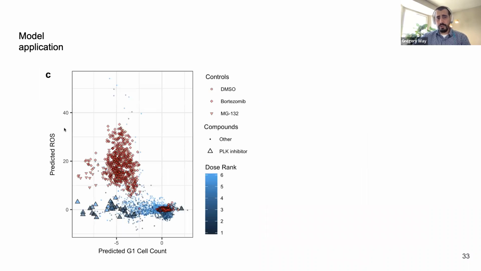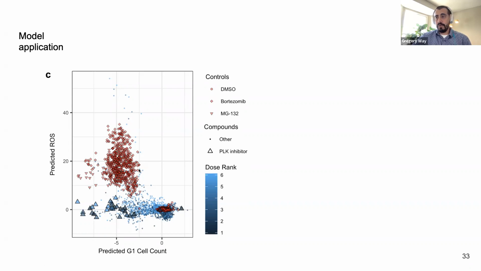And so this is just 2 examples of 2 moderately performing models, the predicted number of reactive oxygen species and the predicted G1 cell count. If you apply these models that we learned using the CRISPR data set to the drug data set, we can see that it validates for these 2 cases, at least for a handful of compounds.